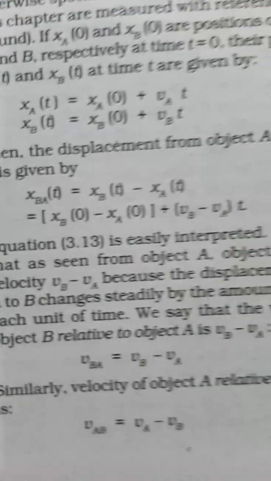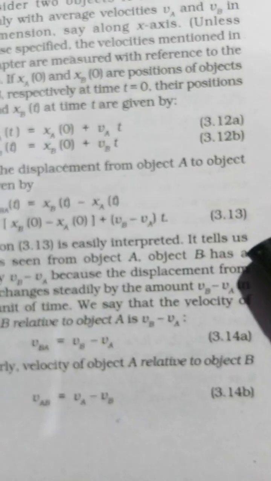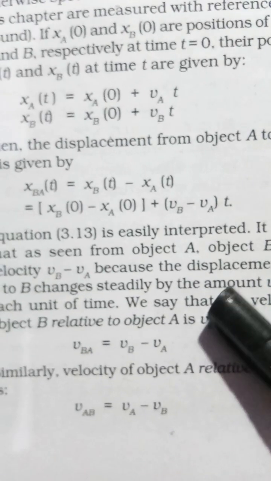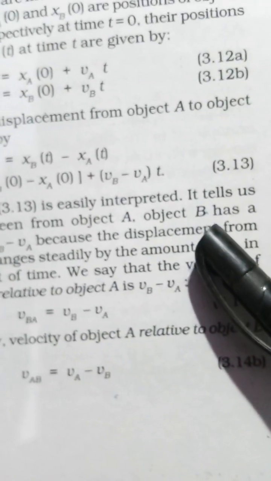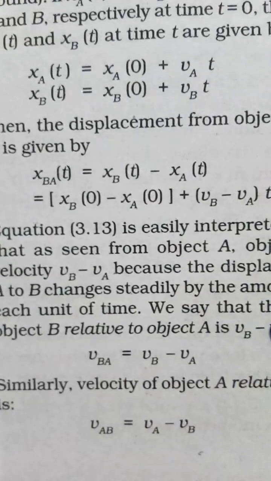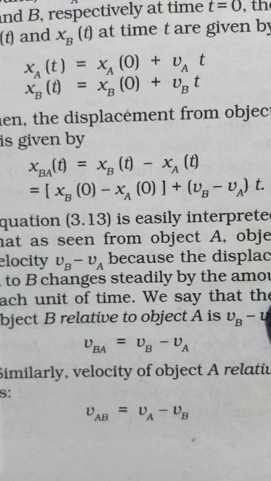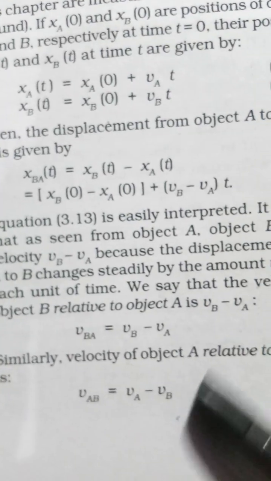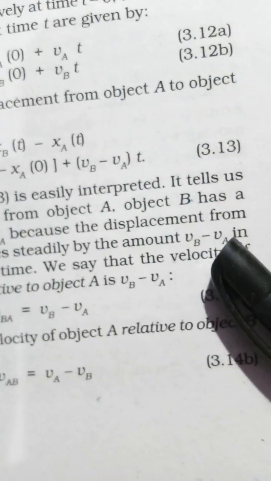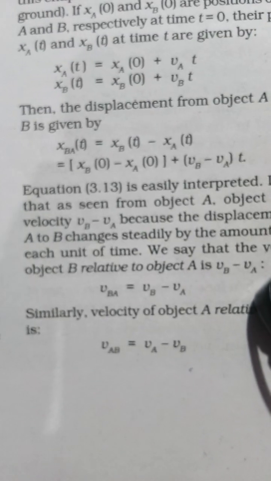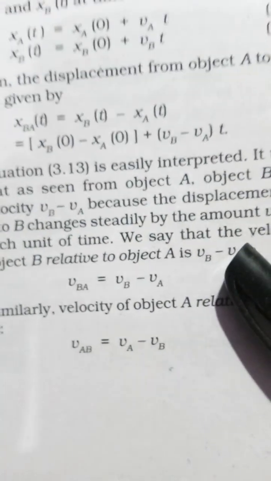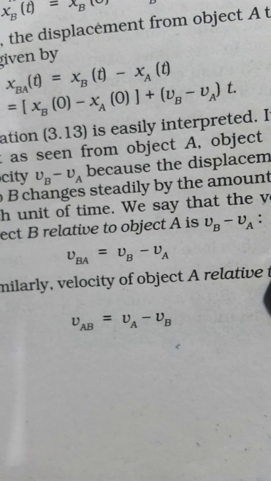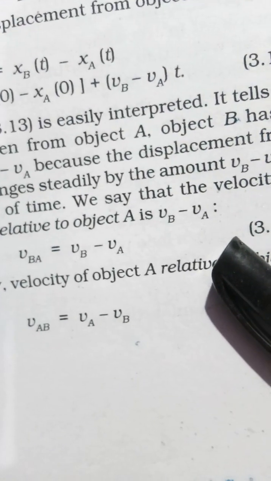Equation 3.13 is easily interpreted. It tells us that as seen from object A, object B has a velocity VB minus VA. Because the displacement from A to B changes steadily by the amount VB minus VA in each unit of time, we say that the velocity of object B relative to object A is VB minus VA.